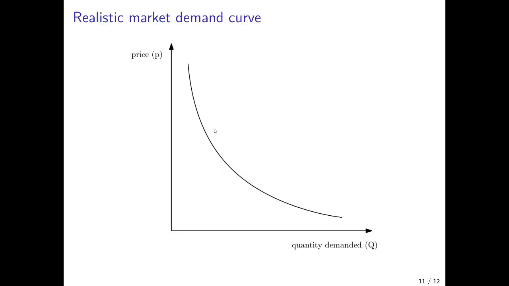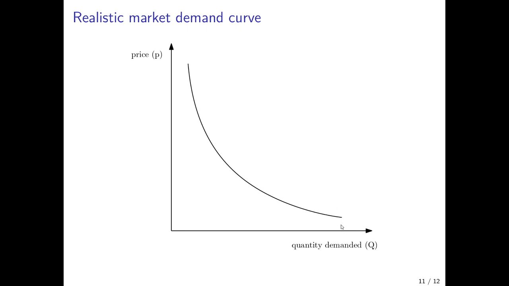In reality, of course, we would have many different individuals in the economy, thousands, millions, or at the worldwide level, even billions. And so we have to add their demand levels up to get the market demand curve for this case. And since individual demand curves also tend to be nonlinear, we would realistically end up with a nonlinear market demand curve. And that's what we've depicted here again.